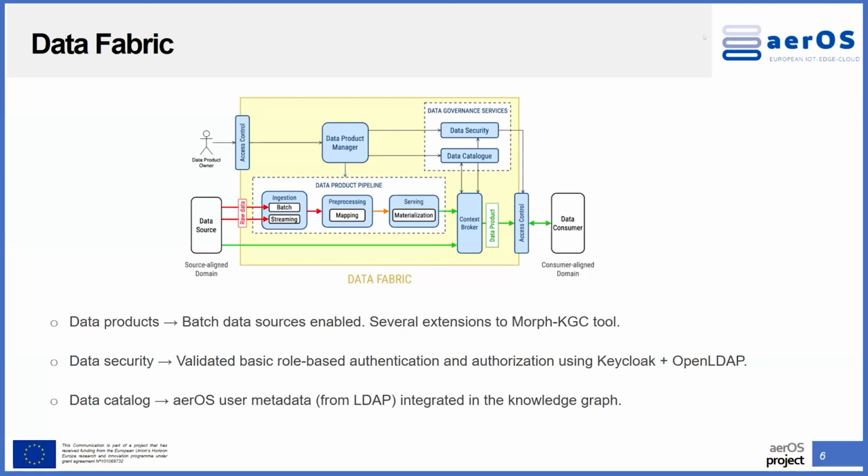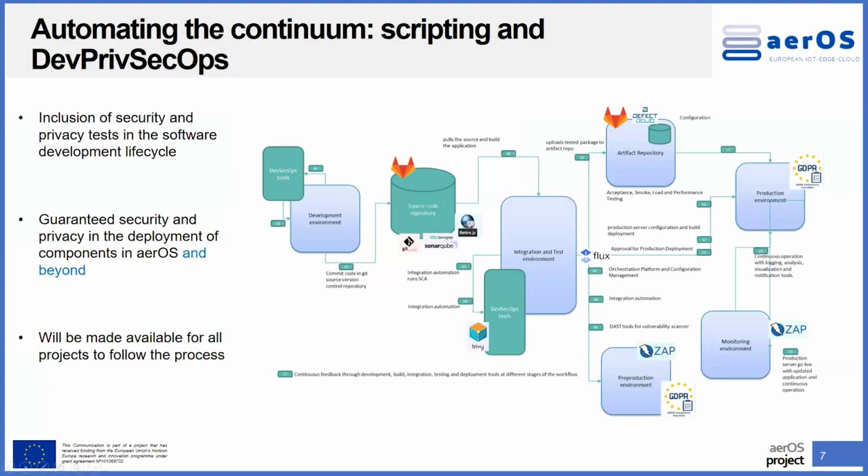Now, in order to achieve this, we have built the data fabric, which implements a pipeline. On the one hand, at the far left, we identified the sources, we catalog the sources, we use metadata to know everything about the sources, the ownership, and all this.